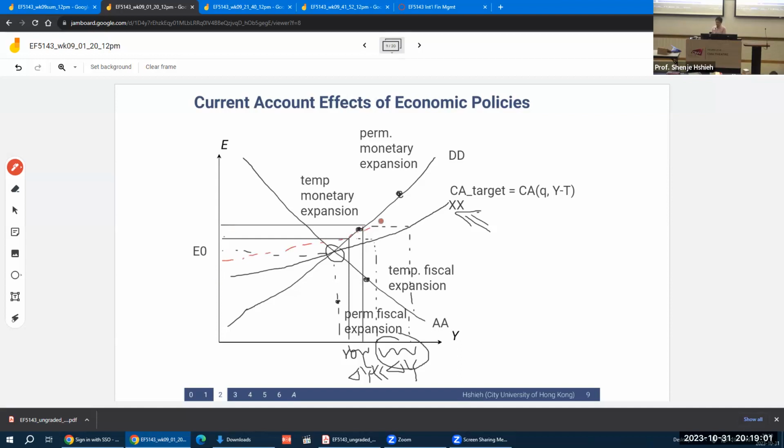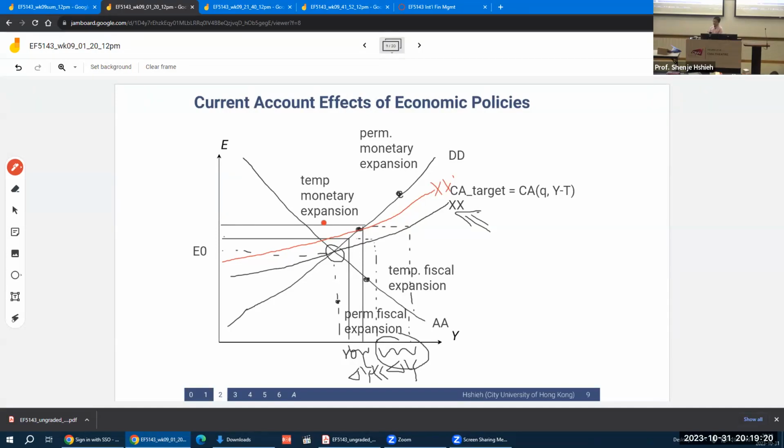So suppose I drew a line. Let me just draw a solid line here. A question I would ask: what can this country do, fiscal or monetary policy, to hit that new target, right?